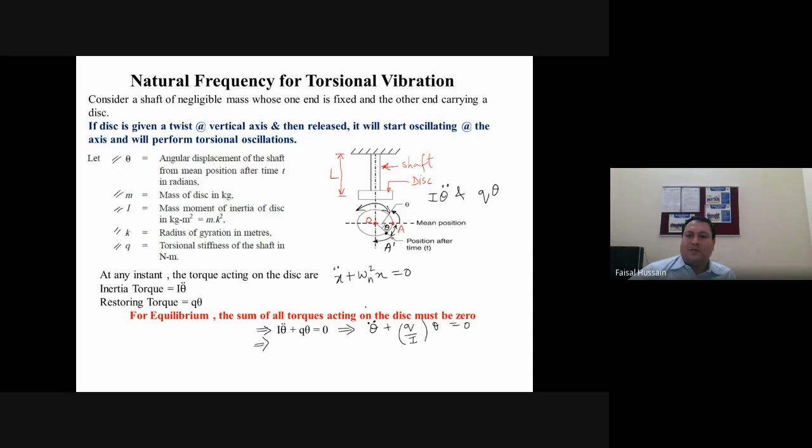So if I compare the coefficient of the displacement x and the coefficient of angular displacement theta, I will write omega n equal to under root q by I. Okay, so this is the expression omega n equal to root q by I.